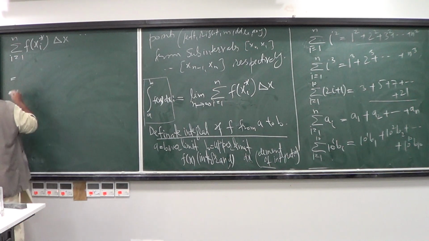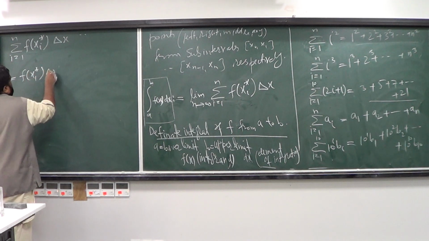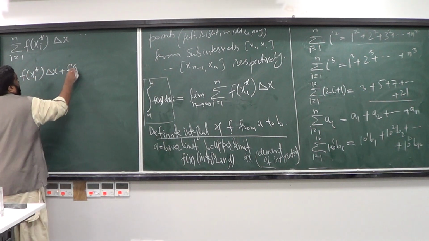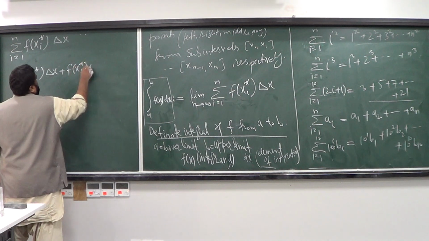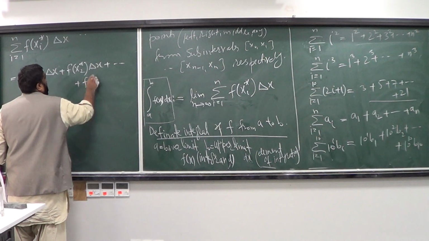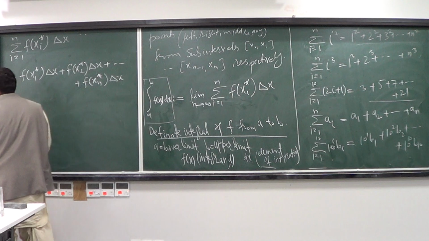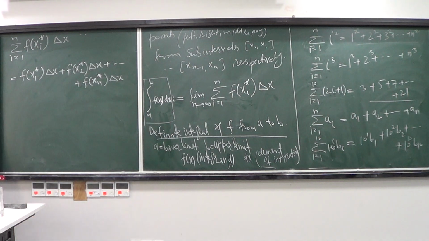So the first term is going to be f of x1 star times delta x, f of x2 star times delta x, plus so on and so forth, f of xn star times delta x. So this is the explicit form of the sum.